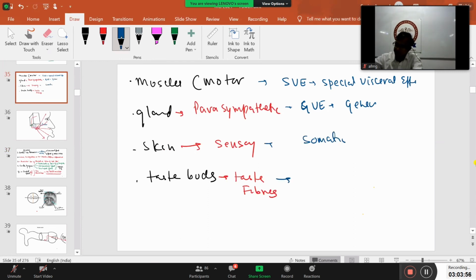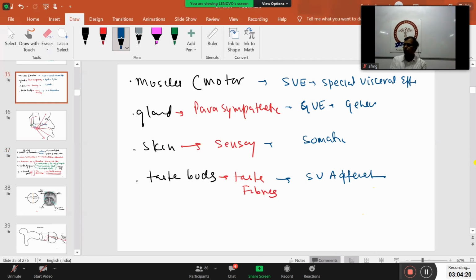These are called special visceral afferent. So if you read your anatomy books, you'll read this jargon like SVE, GVE, SVA, GSA and all this. So in case they ask you, just keep this in mind. These names.